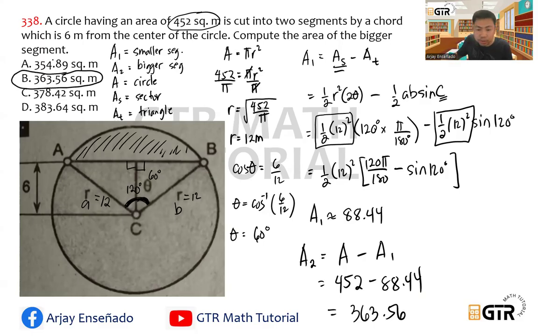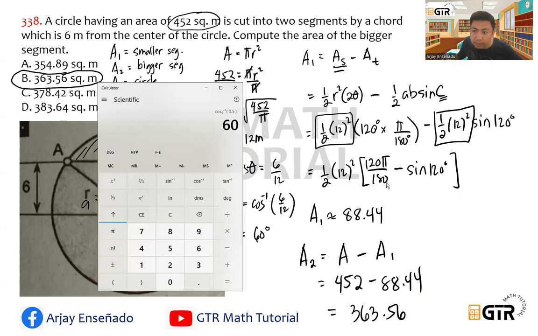Okay, so I'll just show you how to come up with 88.44. We start with this 120 pi over 180. So 120 times pi divided by 180. Okay, I'll press the equal sign first. So that is the value of 120 pi over 180. And then I will subtract sine 120 degrees.